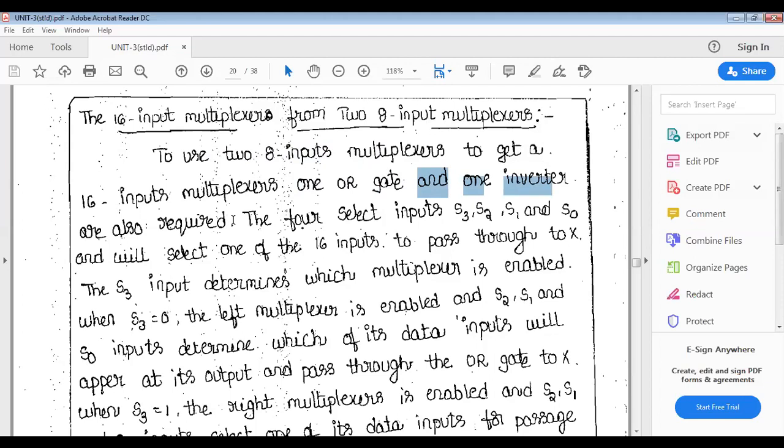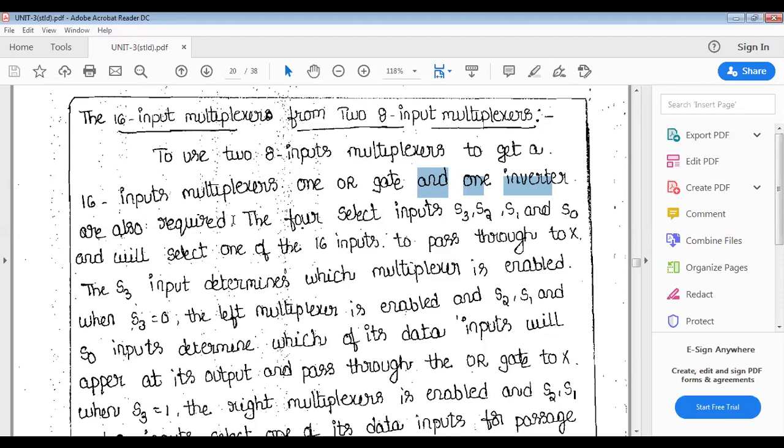One time the first 8 by 1 multiplexer is enabled and the second 8 by 1 multiplexer is disabled. Disabled means all the outputs are 0 simply. Even if the selection lines are selecting, the output is 0. Alright, and another time, the above 8 by 1 multiplexer is disabled and the below 8 by 1 multiplexer is enabled.